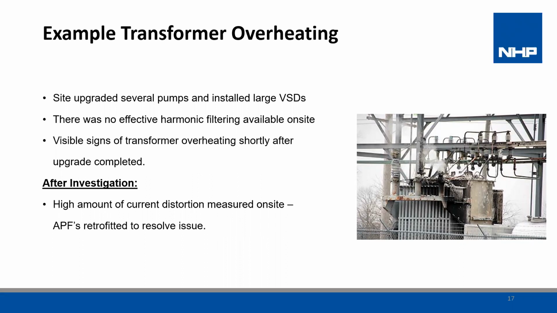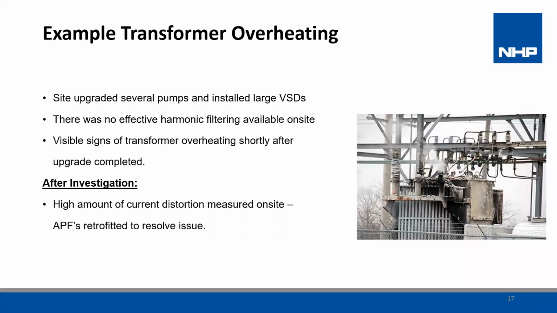And since there was no harmonic filtering on site, it was this harmonic distortion that had led to the transformer overheating on the LV terminals and causing numerous issues on site.